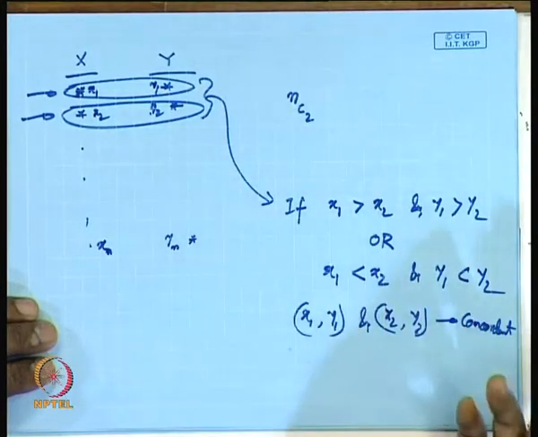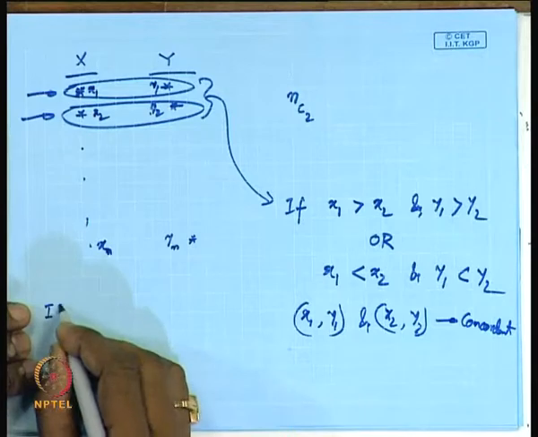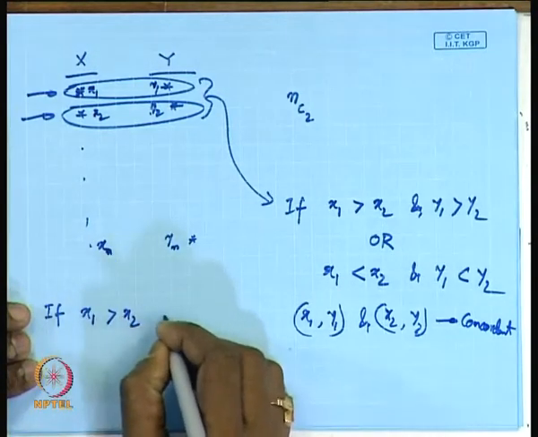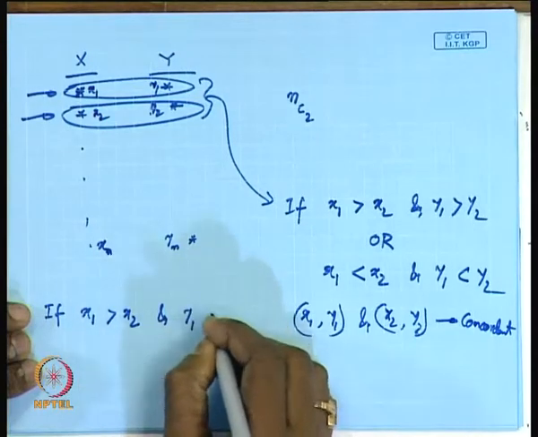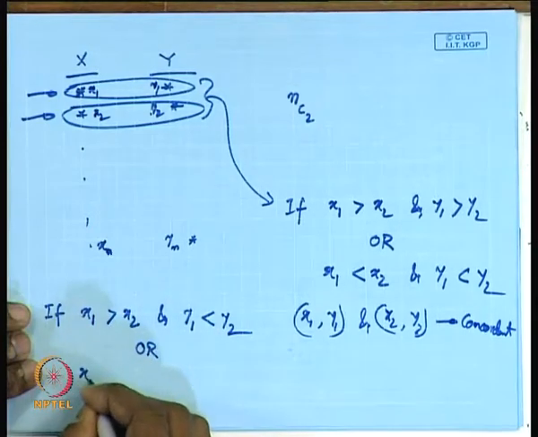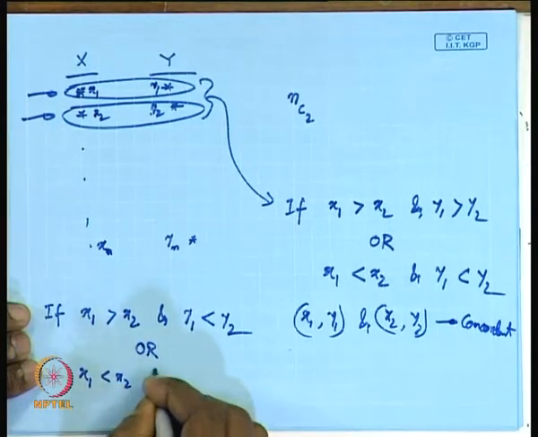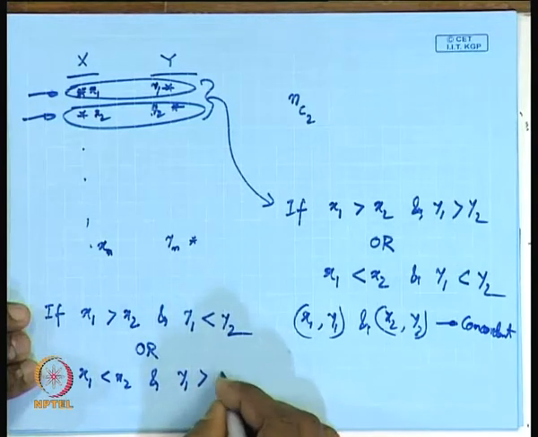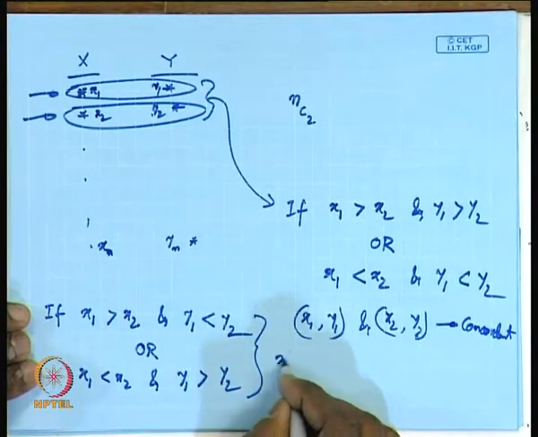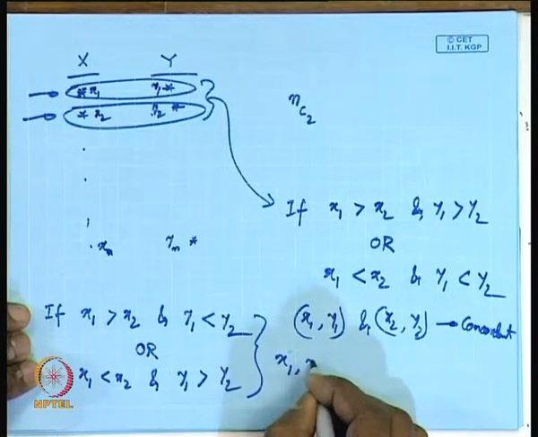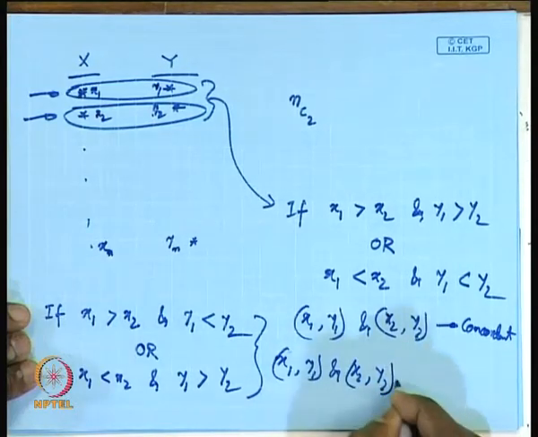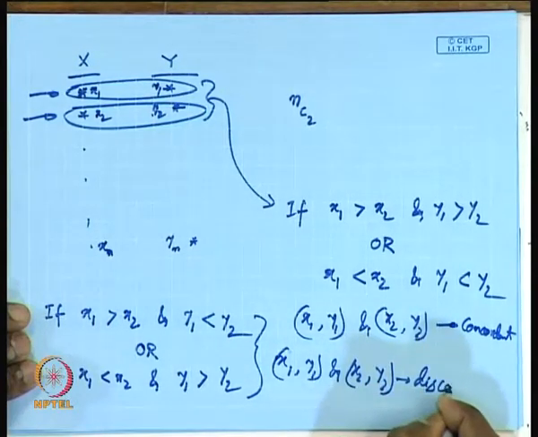Now, if the opposite thing happens, say x1 is greater than x2 and y1 is less than y2, or x1 is less than x2 and y1 is greater than y2, then if this relationship holds, the pair x1 y1 and x2 y2 is known as discordant.